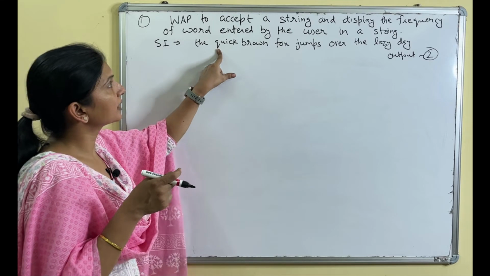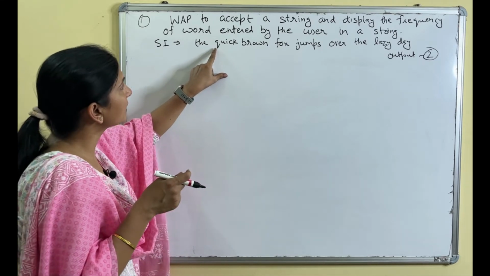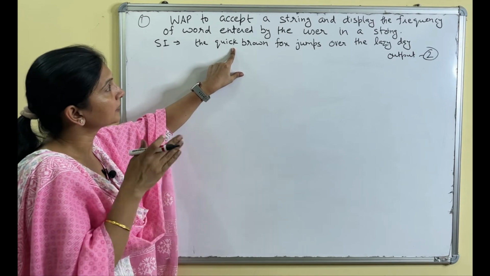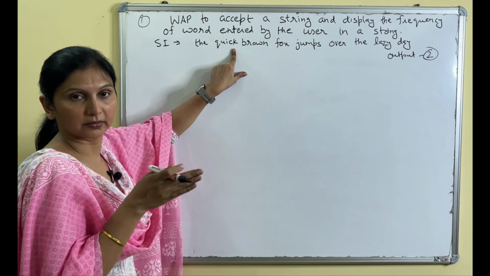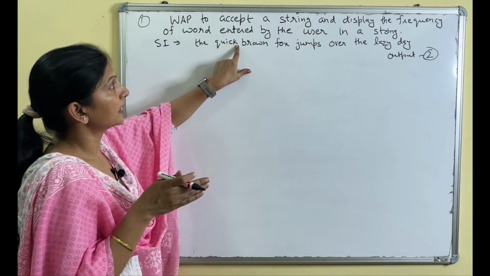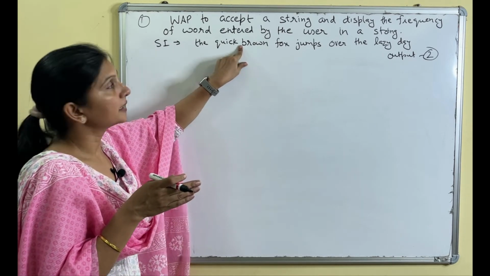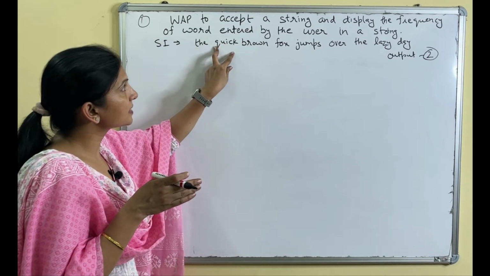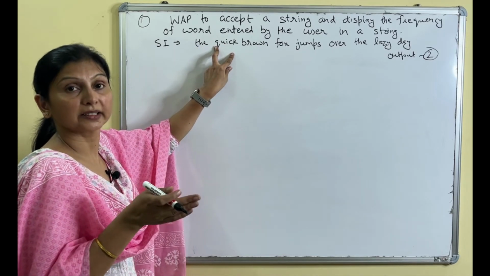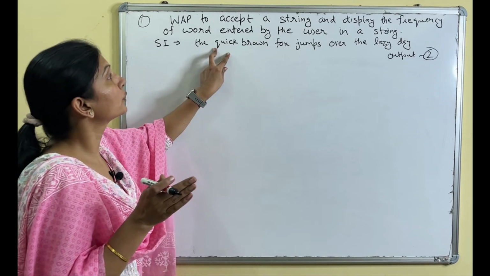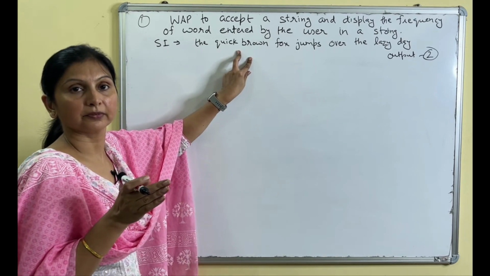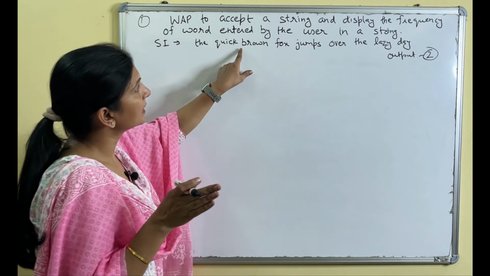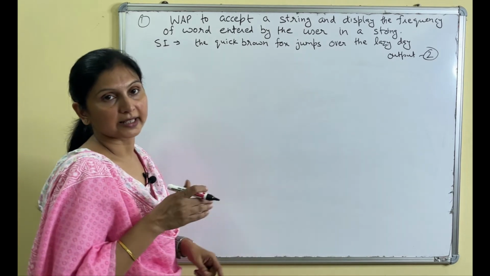Then again it will come to the second word. Again it will extract the characters Q, U, I, C, K, right? And it will keep concatenating in a blank string. Then as it gets the blank, it means the second word is completed. Fine. And then this word is compared with the user-entered word, that is "the". So "quick" will be compared with "the". Fine. So it will be false, no counter will be increased. Right? And the same goes on for the next one.